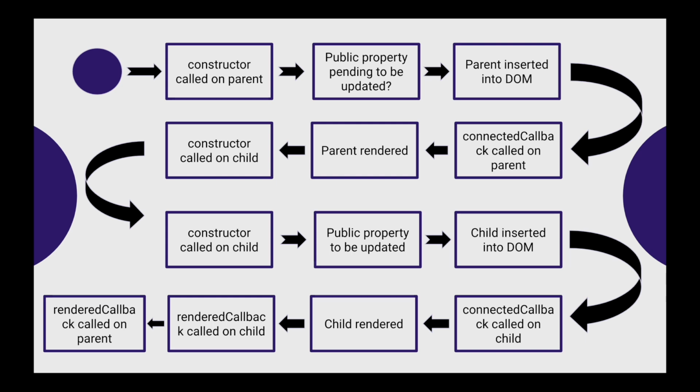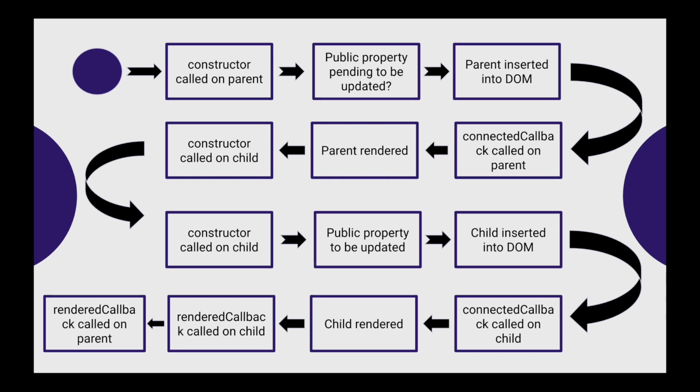Now between parent and child, what will be the sequence? Which lifecycle hook will be called first on the parent, or which will be called on the child first? First of all, I'll skip whatever is happening in between and just tell you the sequence of lifecycle hooks. First the constructor is called on the parent.